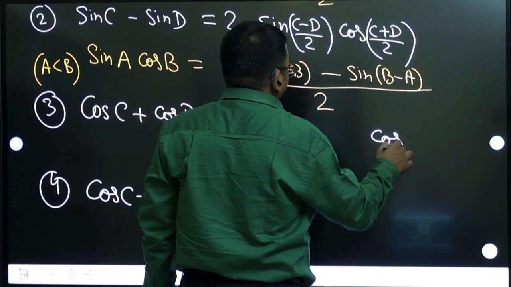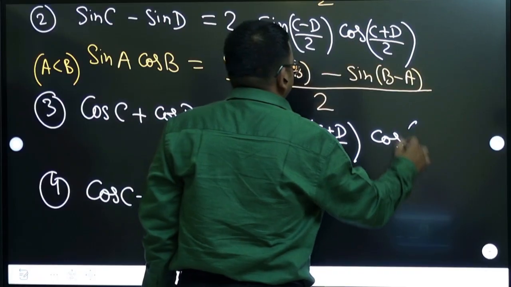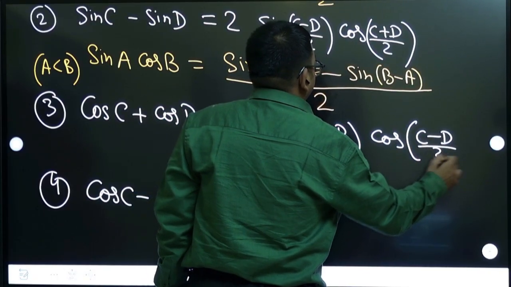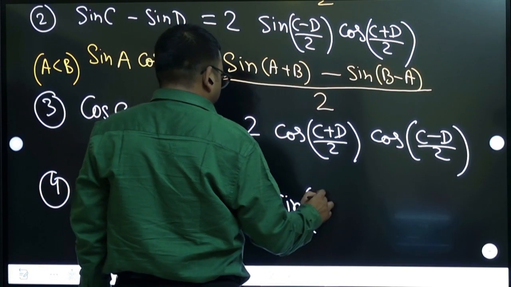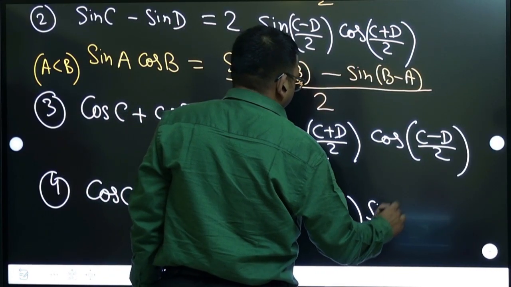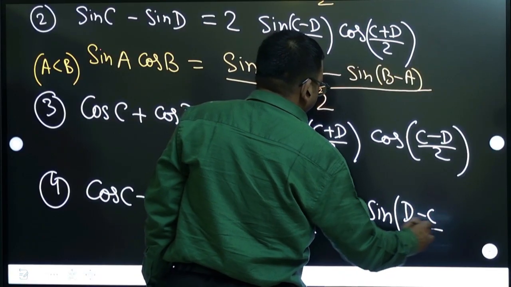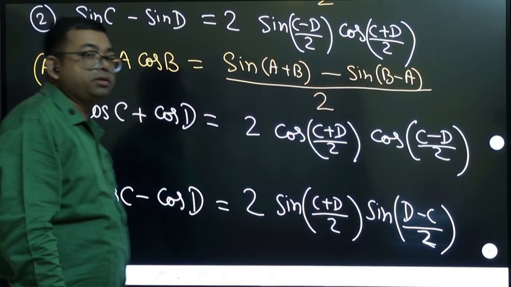Remember that: here c plus d by 2 and c minus d by 2. And for cos c minus cos d, 2 sin comes, sin c plus d by 2, and here sin d minus c by 2. This is what we need to remember. A small change happens here.